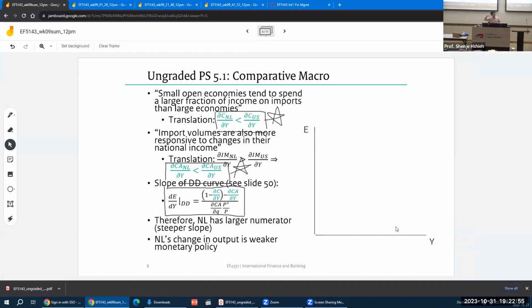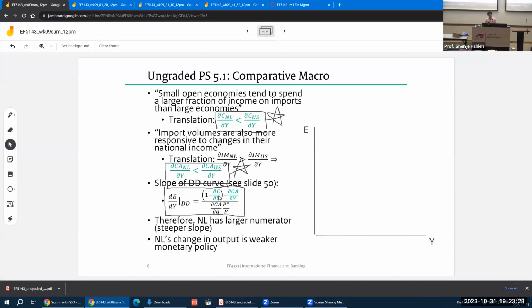So now we want to understand the slope of the DD curve. What we have as inputs now, we have the Netherlands as having a small number for the sensitivity of domestic consumption relative to change in income. So that's here. So 1 minus a small number is a bigger number, right? Partial C relative to partial Y is a smaller number than for a developed, large economy.